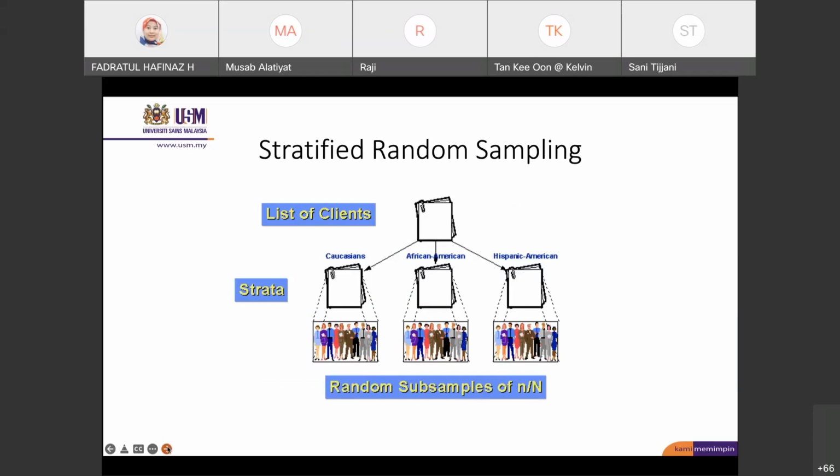A simple random sample is then chosen from each stratum. The sample size is proportional to the stratum size, right? So every item has an equal chance of being selected. This sampling method results in a sample that more accurately reflects the proportion in the population as compared to the previous one, which is simple random sampling.